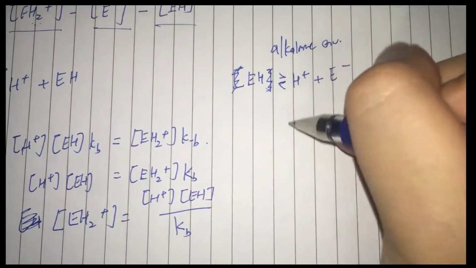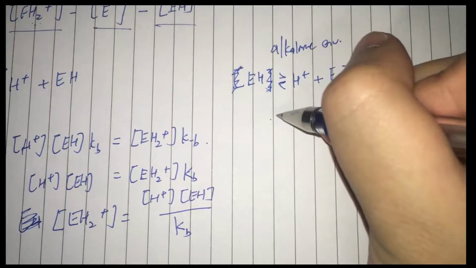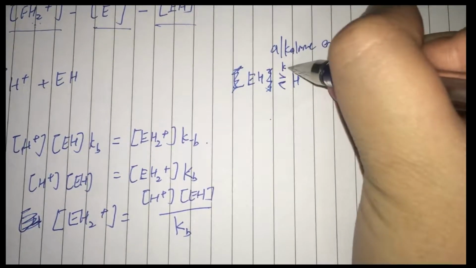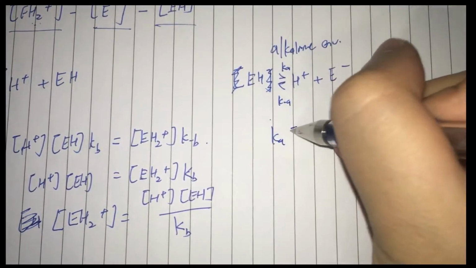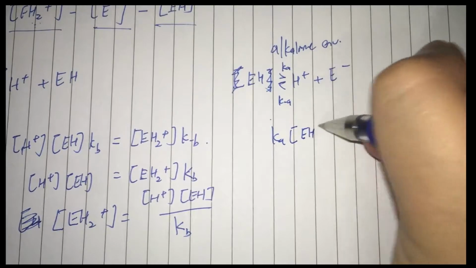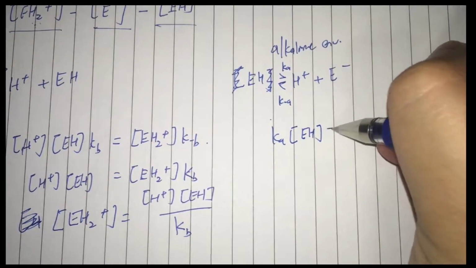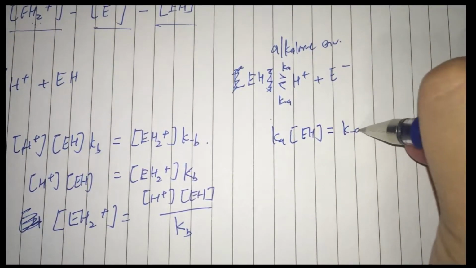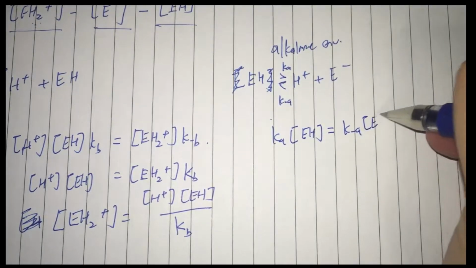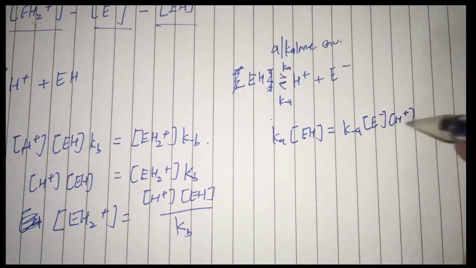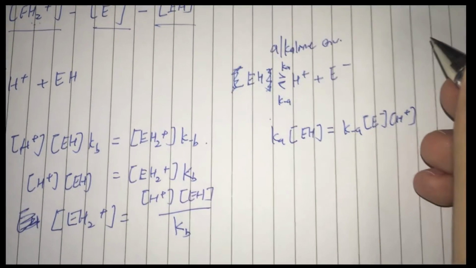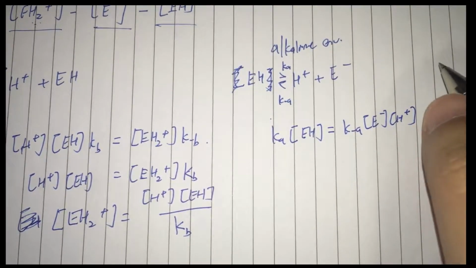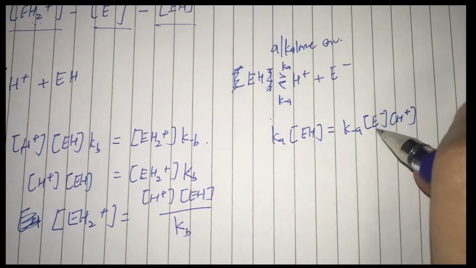We will have this. It will become a Ka forward, K minus A backward. So Ka into EH forward equals the K minus A, E minus H plus backward. And of course this is a rapid equilibrium assumption again. So we'll have to make E minus the subject.